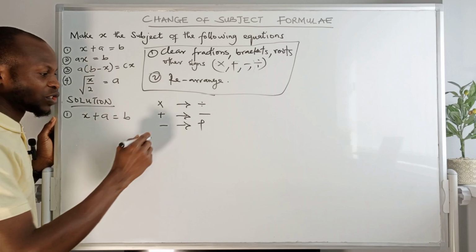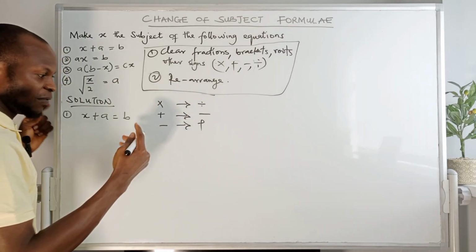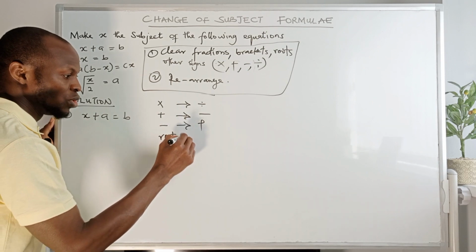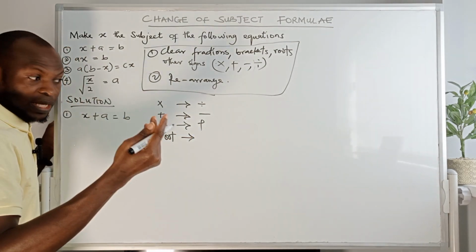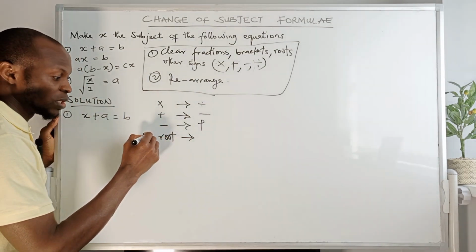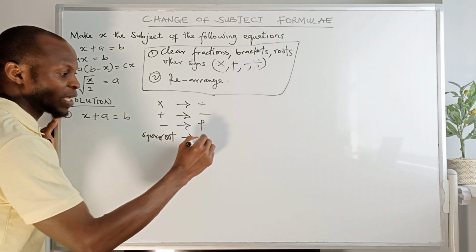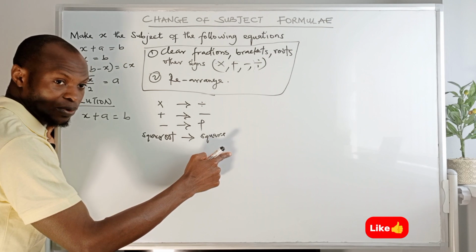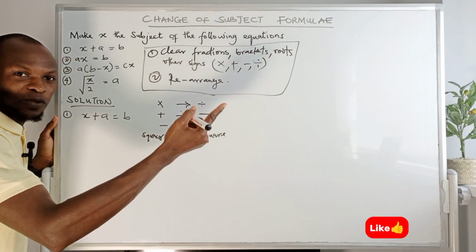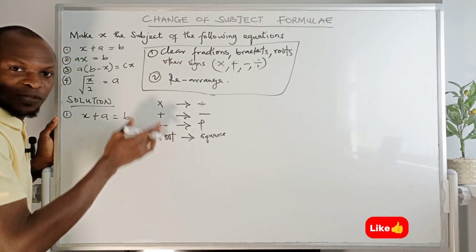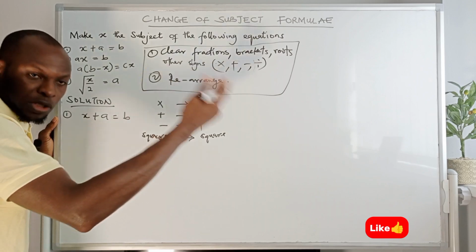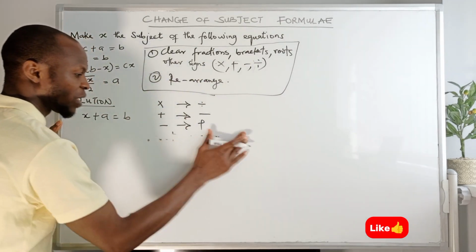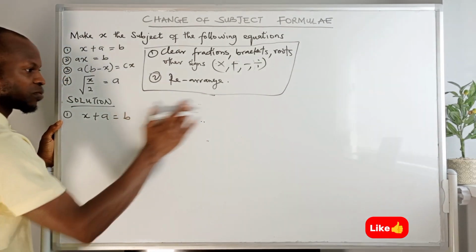If it is attached by a square root, you remove it by squaring. If it is a cube root, you remove it by cubing, and so on. If it is a fraction, you remove it by multiplication. So these are the principles we'll be using when solving change of subject of formula.